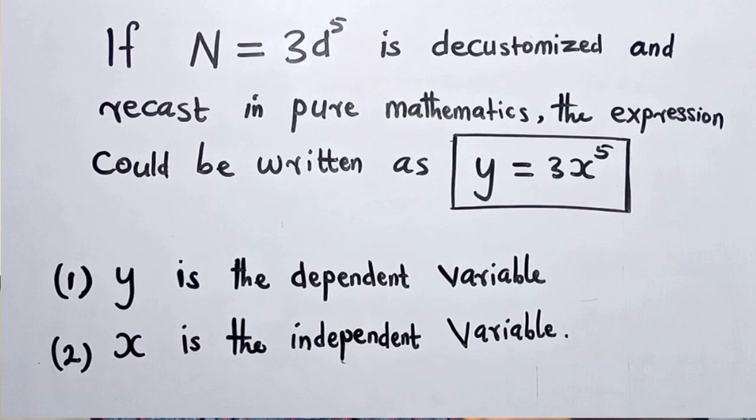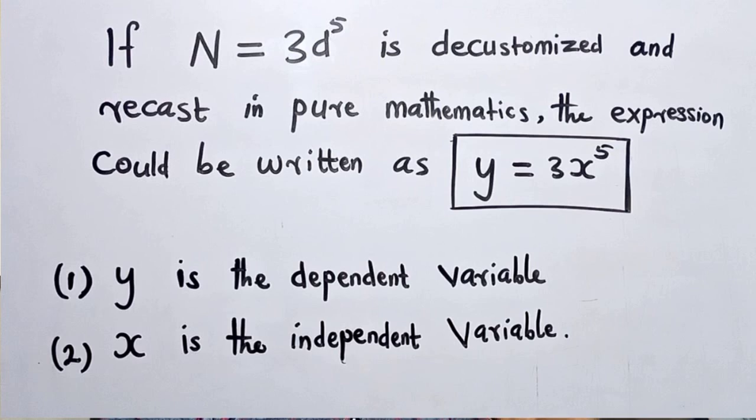If somebody sees that for the first time, Y is equal to 3X raised to the power 5, without knowledge of the background of that equation, he would also not know the importance of that equation. You are trying to solve the other one, N is equal to 3D to the power 5, because you know the source and you know the reason why we want to solve it. You want to save life with it.